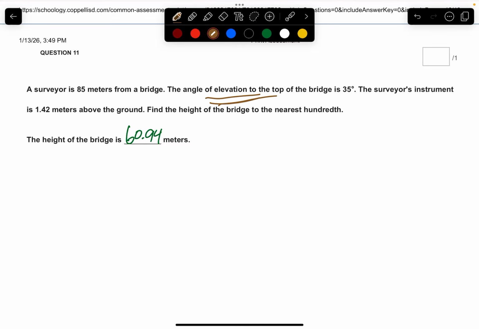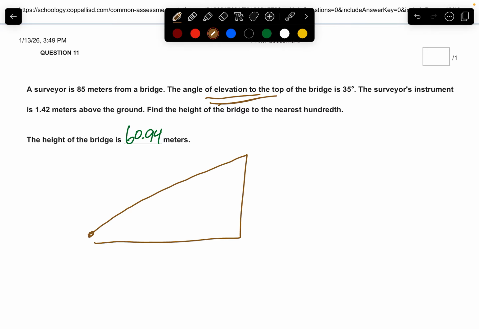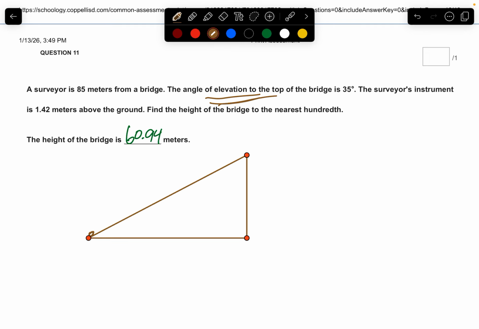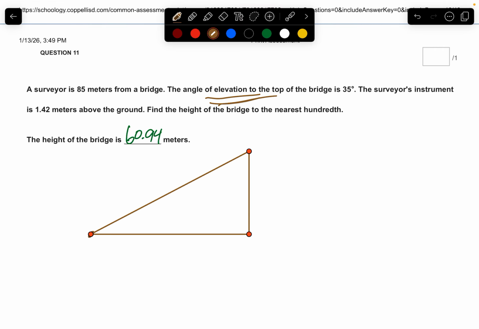Angle of elevation is how many degrees above a horizontal line. But this is a little bit interesting. So we're talking about an angle of elevation triangle. It's going to look something like this. The surveyor is 85 meters from the bridge.